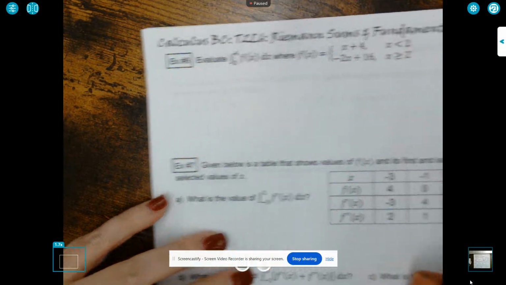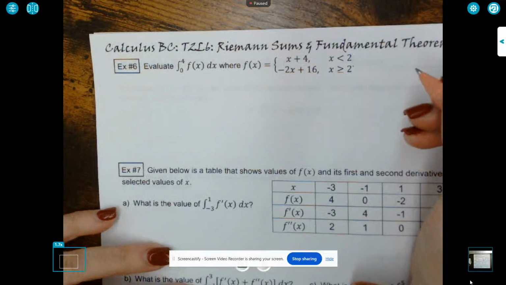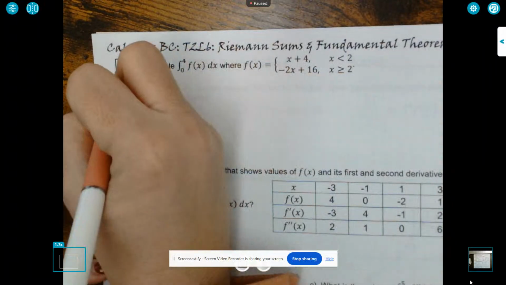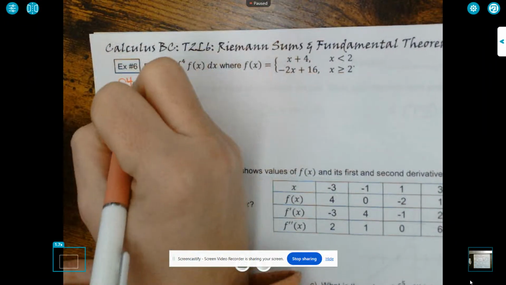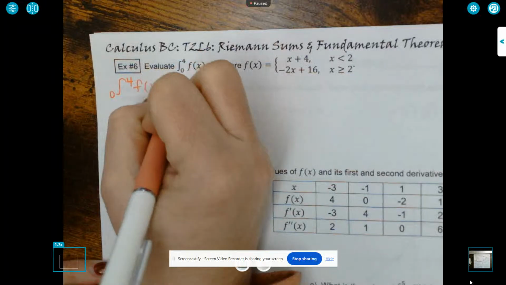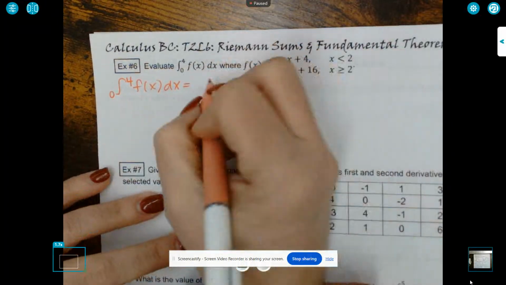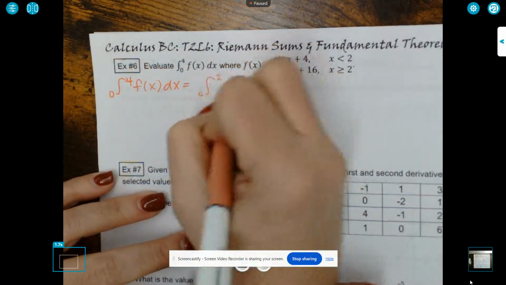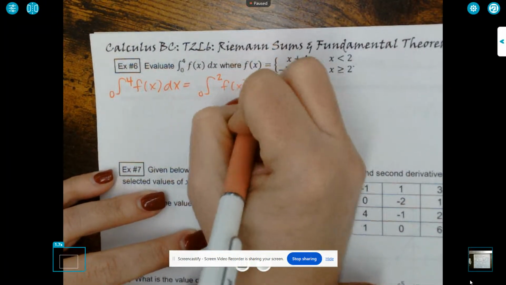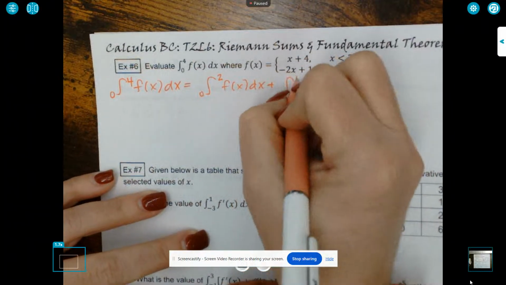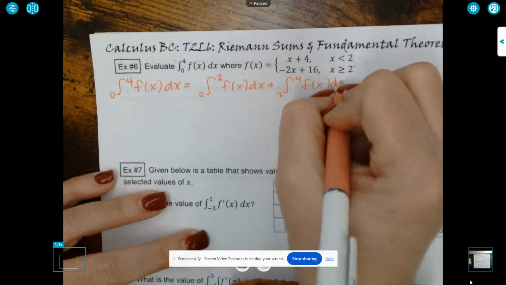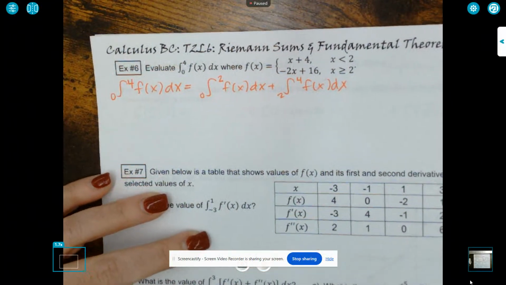So that's where we're going to have to make our intervals from. So if I want to go from 0 to 4, I'm going to have to do from 0 to 2 and 2 to 4. Because they're not the same equation, so we've got to break it apart.